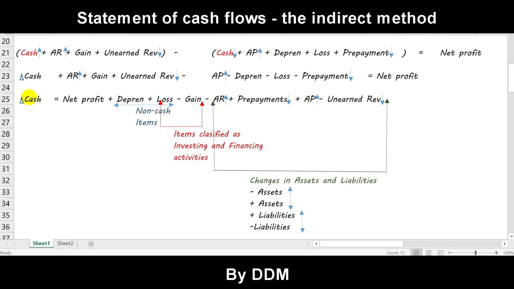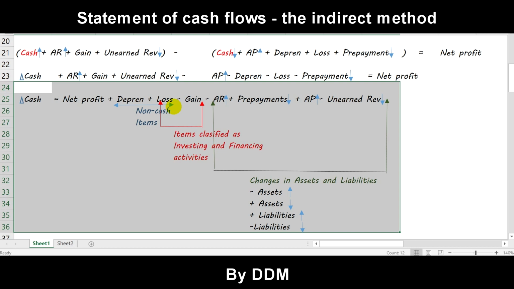Now, at the end of this video, let's just have another look at the summary here. So, to establish the relationship between net profit and cash generated by operating activities, we start from net profit. We first take into account the non-cash items, for example, depreciation and loss.